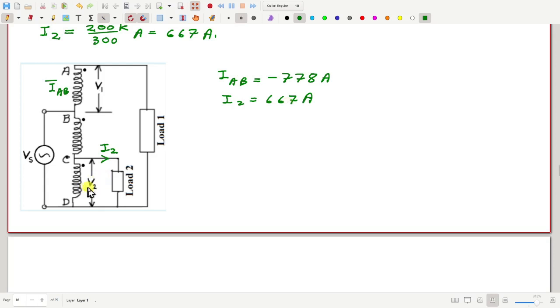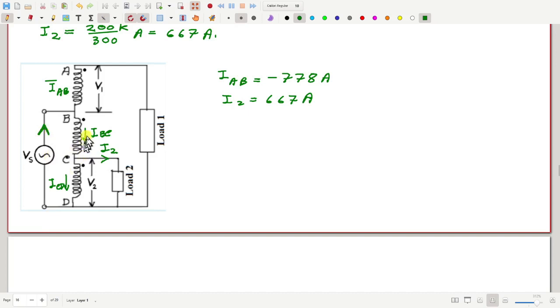What else can we find? Let me call this IBC and this as ICD. We have also found this current.